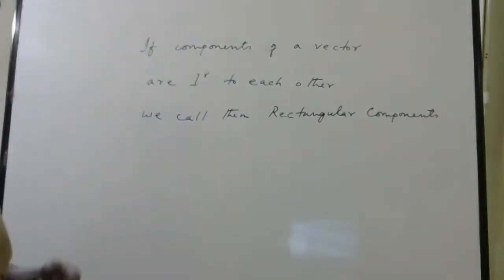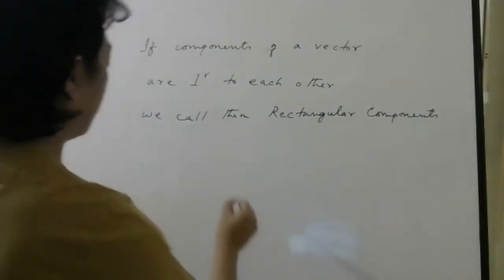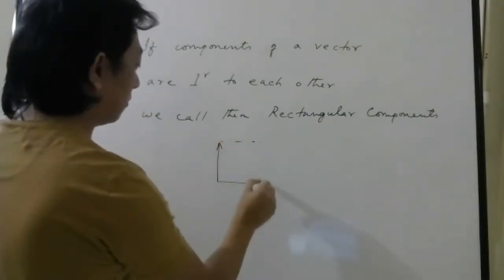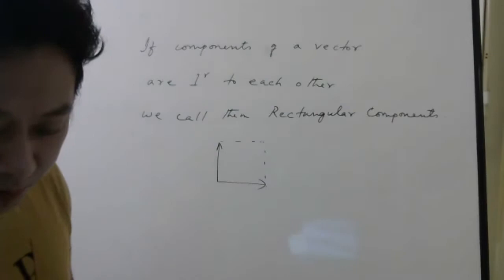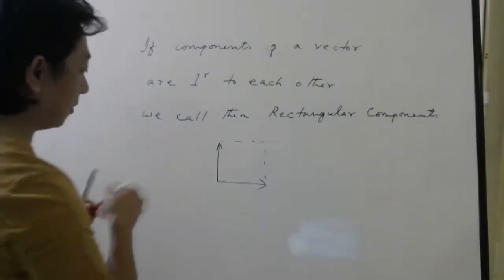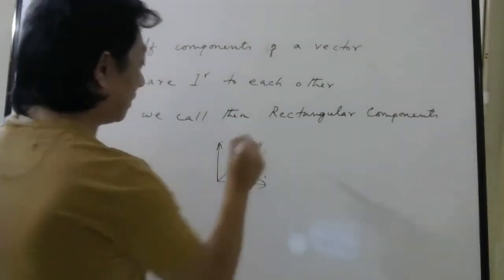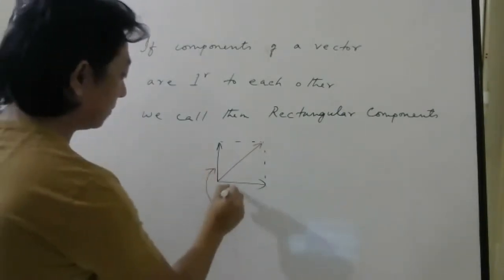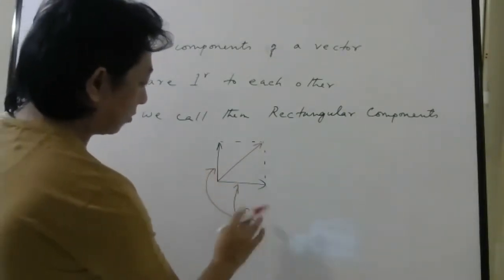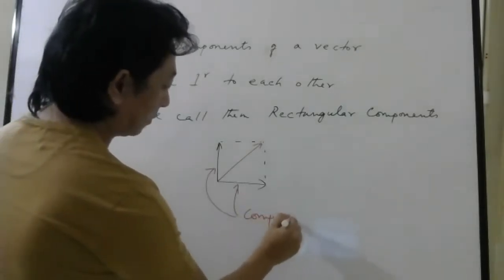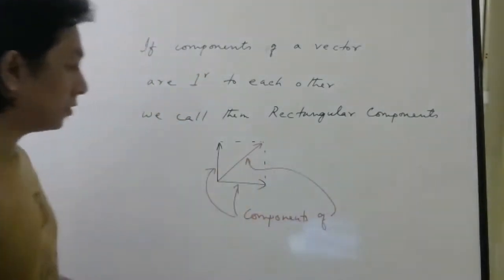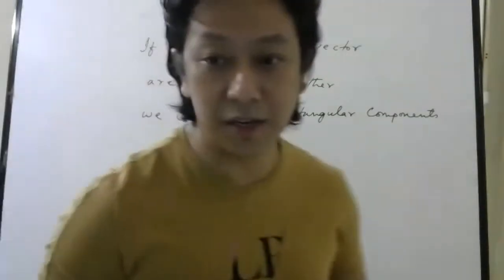And by components it simply means, for example, if you add this vector and this vector, you know from parallelogram, if you add these two vectors, you will get this vector, right? So now what we are saying is, these two are components of this. So this picture should be clear in your head.